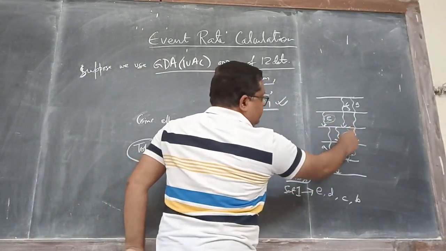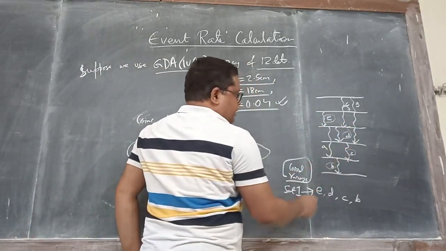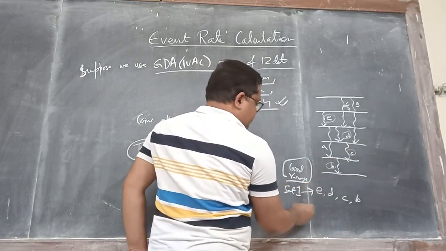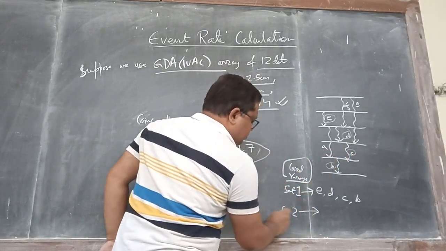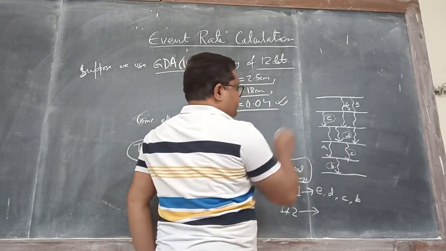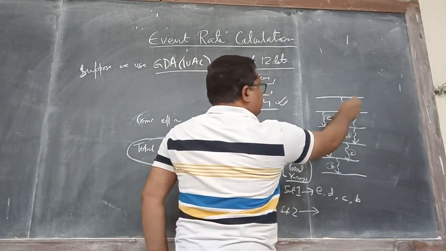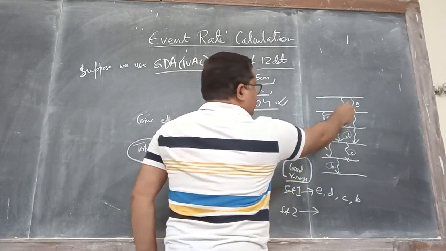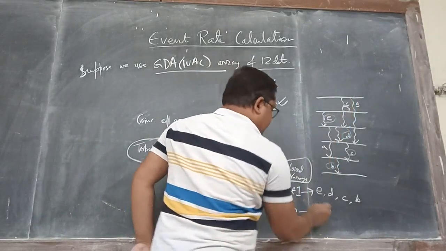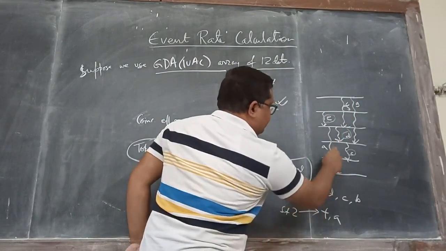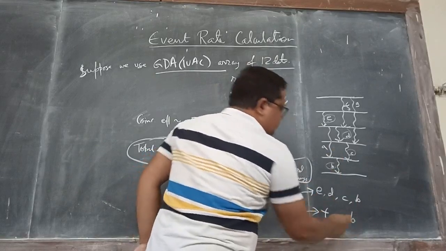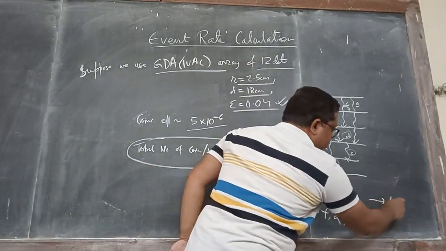So E, D, C, B. Next, set 2: A or F. F, A, B. So here the number is 4.